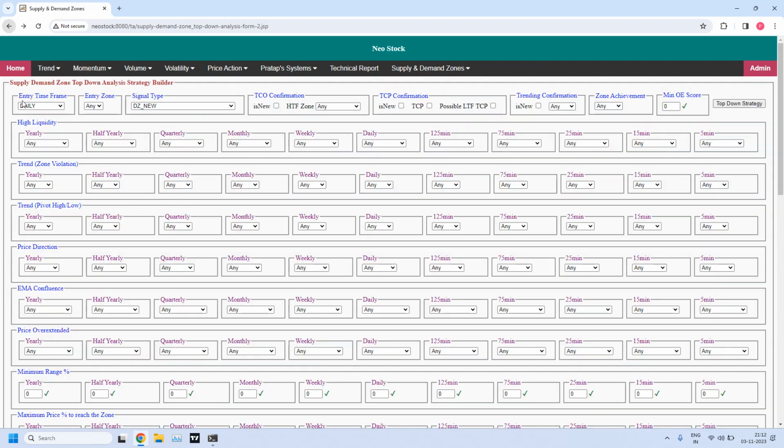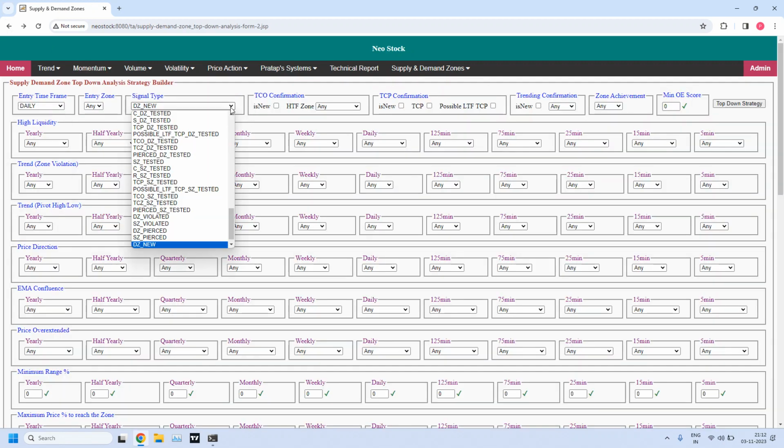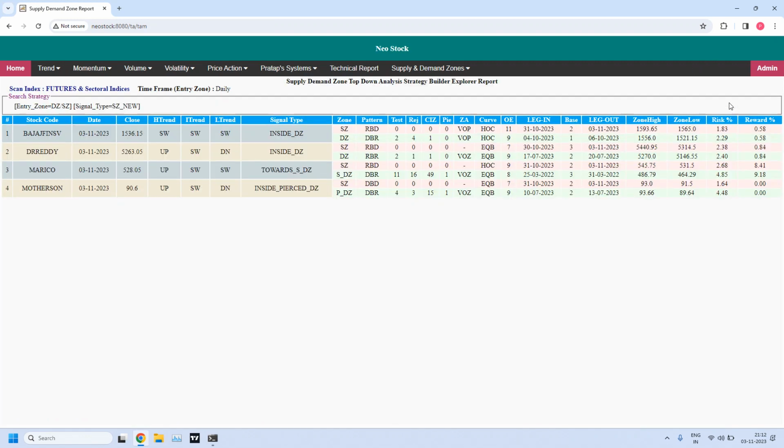Let's go back. Entry time frame daily. Let us find newly created daily supply zones. Only 4 daily supply zones are created today. So this is about the filter list.